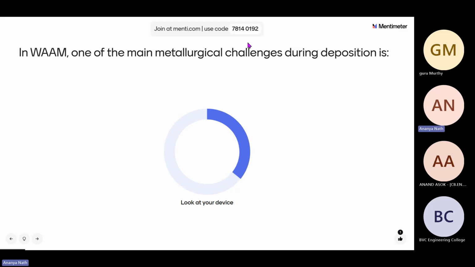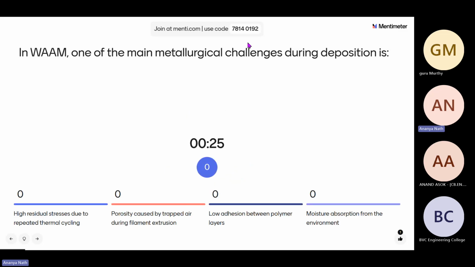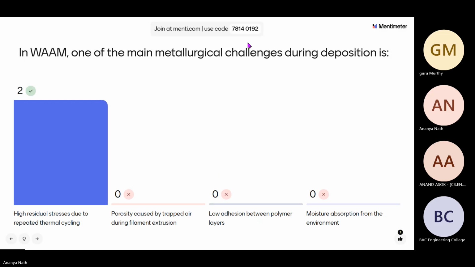In WAAM, one of the main metallurgical challenges during deposition. Two people have answered and they have answered correctly.